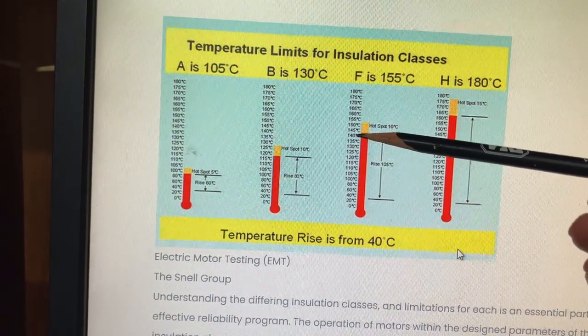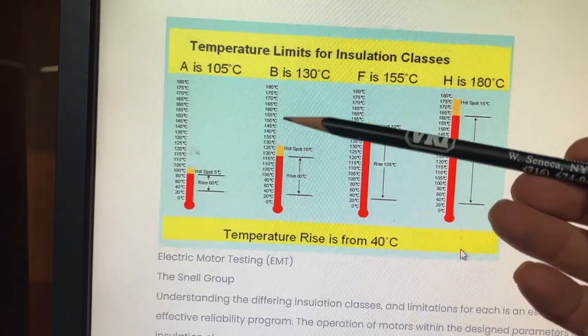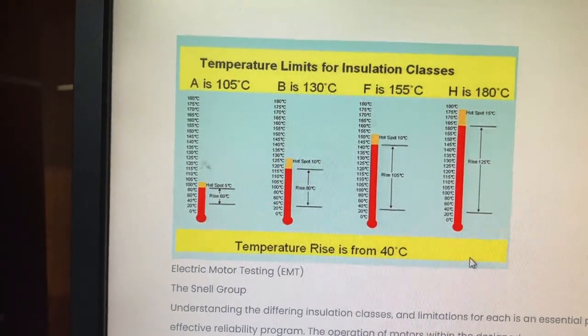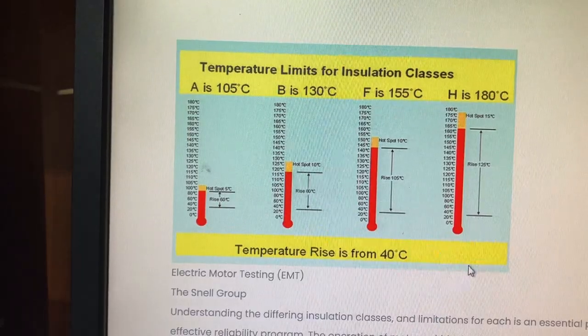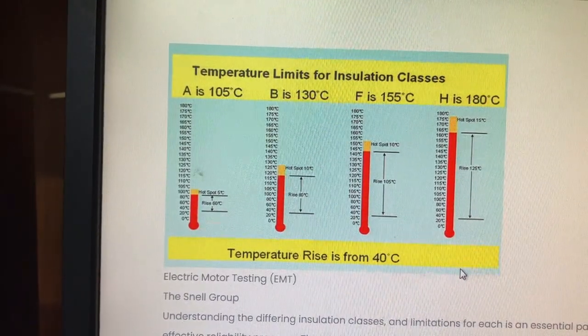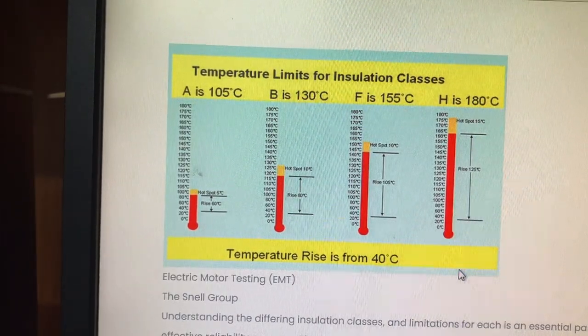Maximum temperature for class F is 155. This is 130. So it could be getting to the limit on a class B, but I think we're class F insulation. I don't know if it's the insulation thing that causes it to be over temped at 140, even a little bit less.